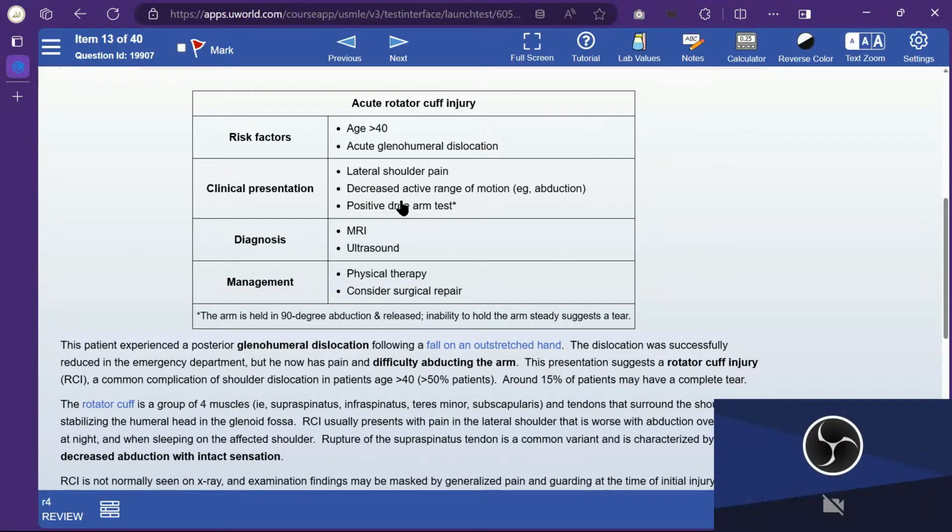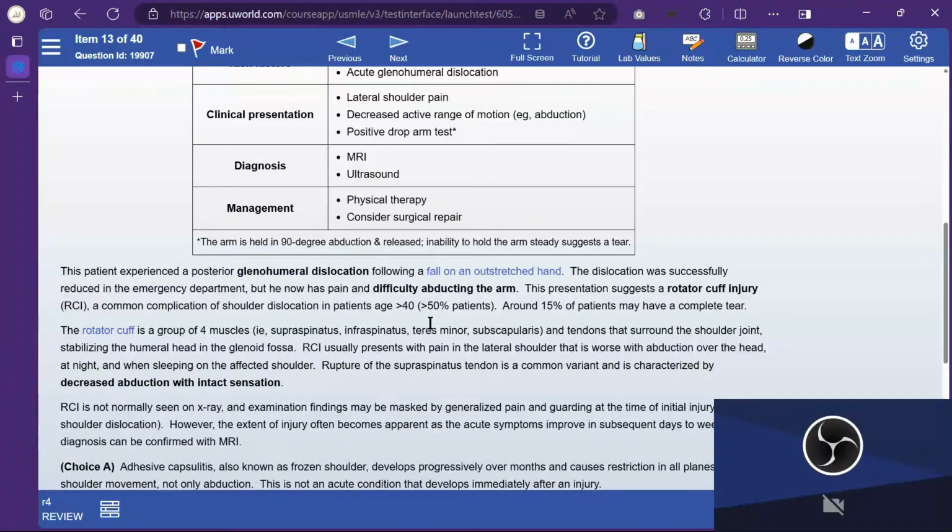Acute rotator cuff injury: positive drop arm test, abduction and external rotation, lateral shoulder pain, decreased active range of motion, decreased abduction and external rotation. Physical therapy, and consider surgical repair.